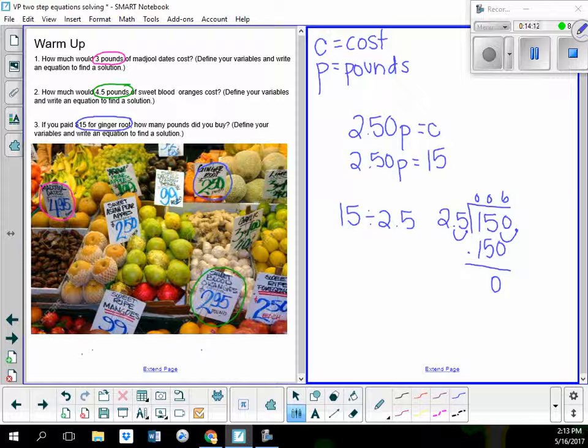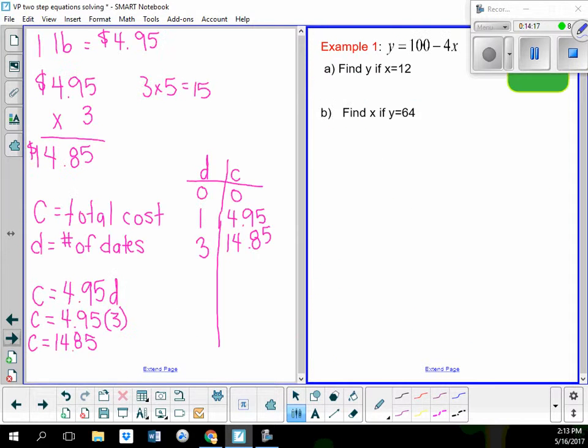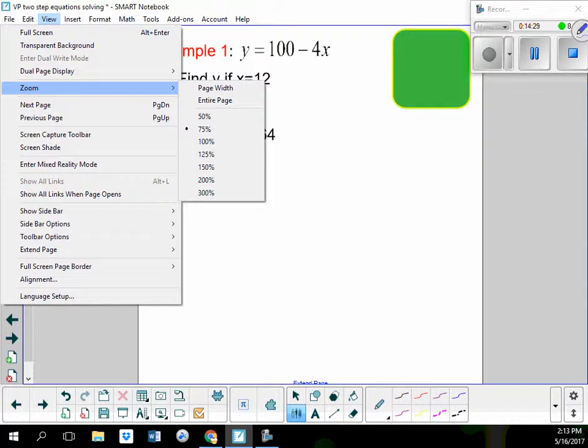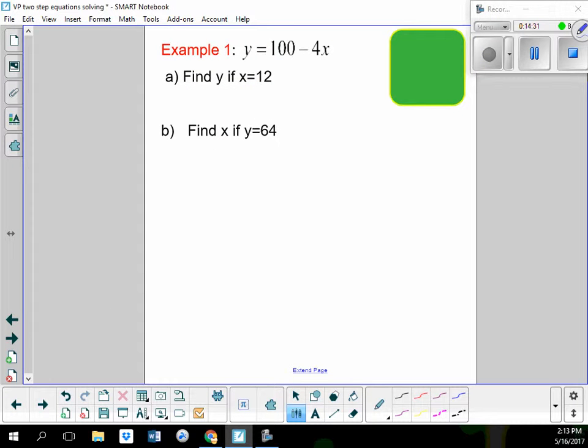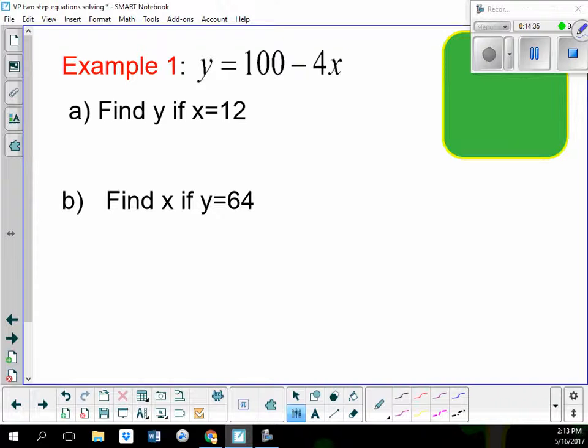All right, so we're going to look at a couple of examples here. But this time, instead, we're going to deal with just some numbers, and we have 2 going on here. So I'm going to walk you guys through this first one, and then I'm going to give you less and less help as we go along.